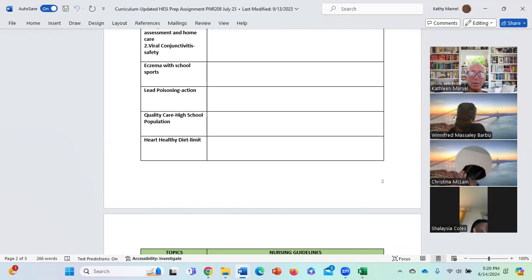Quality care in the high school population. I can address this from my school nursing experience. A lot of it was preventative, a lot of teaching about drug abuse, tobacco, sexual assault, suicide prevention. You're doing a lot of prevention education, and you're also doing a lot of screening for any potential issues with high school kids.